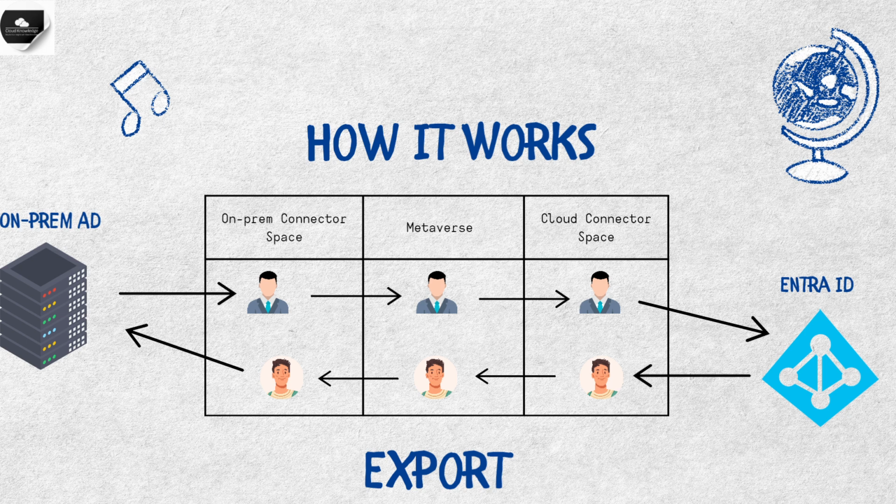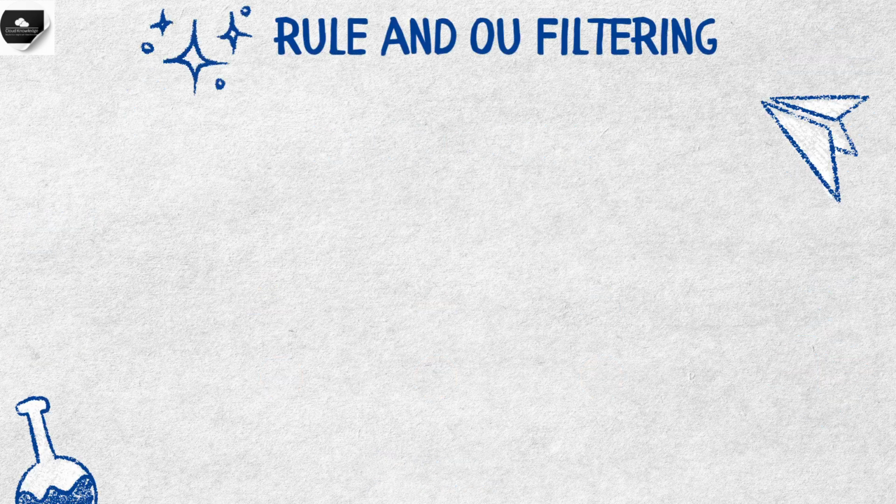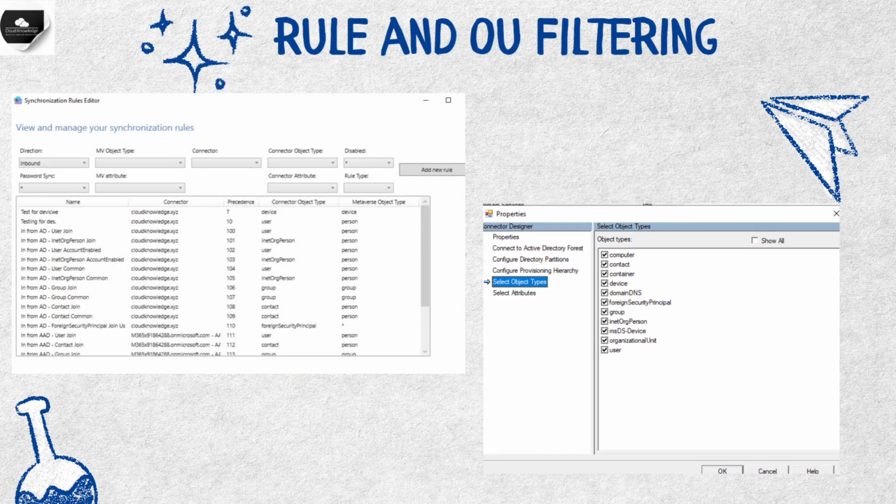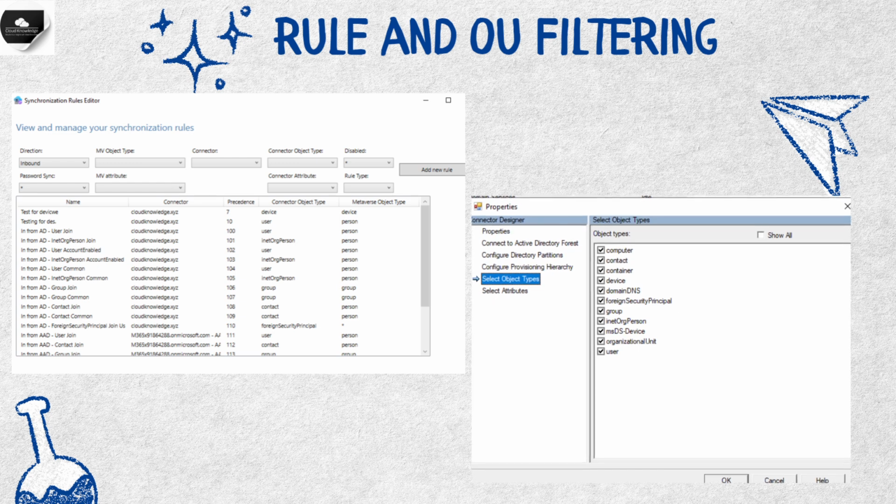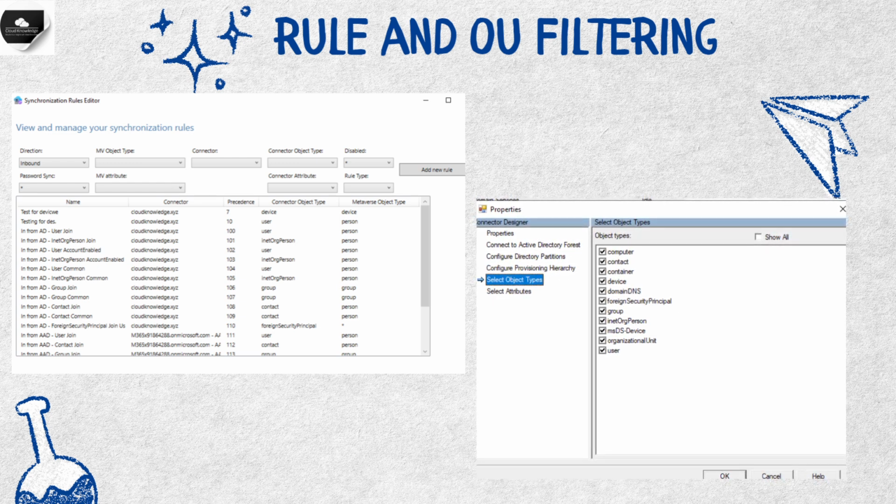For this process we have a couple more things, like rules, mapping transformations, and filterings, which help you to import and export. We will check them later, but for the basics you will understand, first the user will be imported, then it will go to the connector space, then it will be moved to Entra itself.